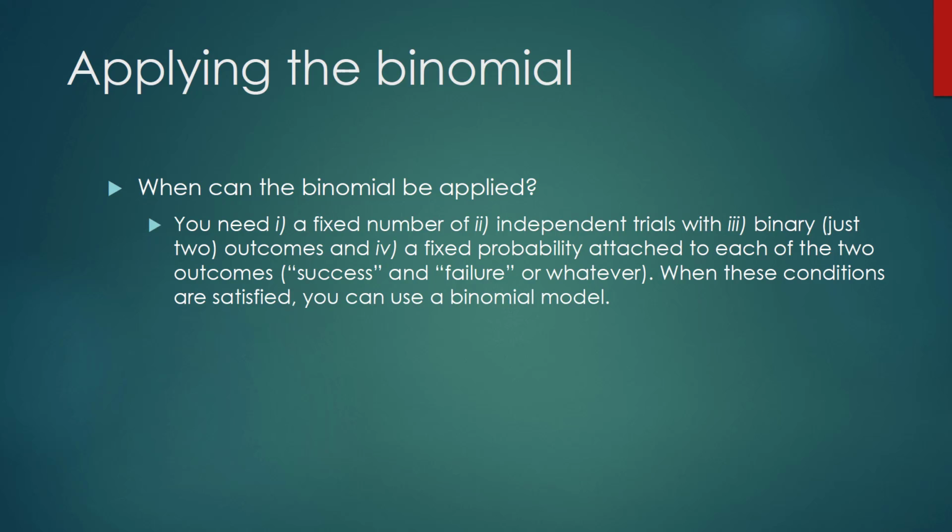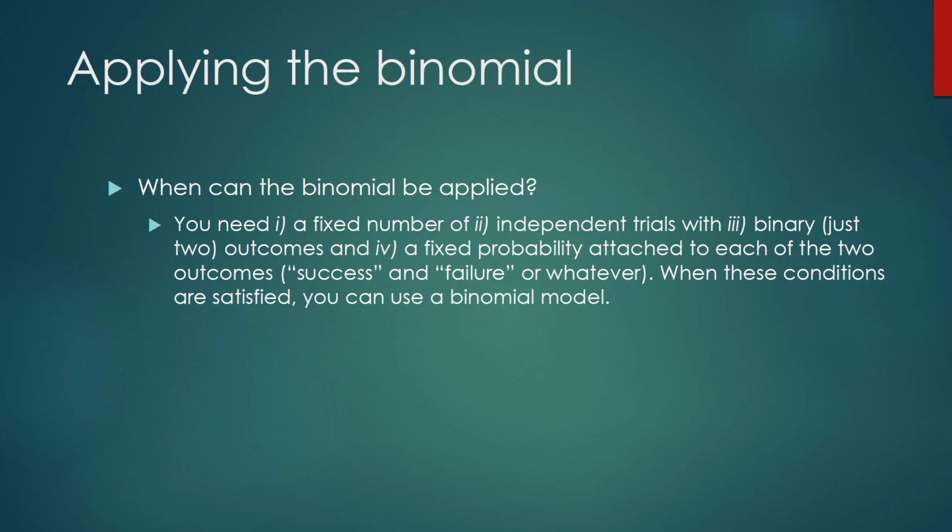And so what I would suggest for most people, when you're getting started studying this particular part of the text, is that it wouldn't be a bad idea to have a checklist you run down. As you go through an example, you just make sure that you check off each of these conditions. And if you can, then you can use the binomial.